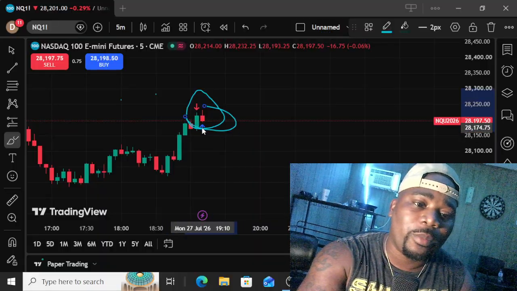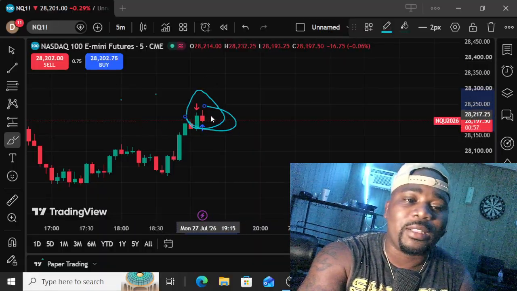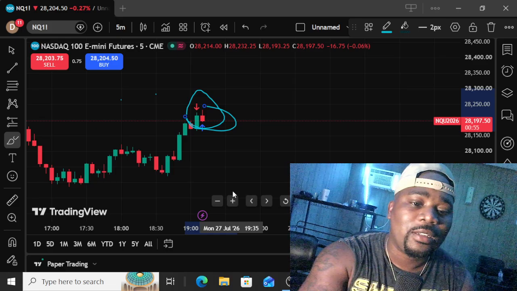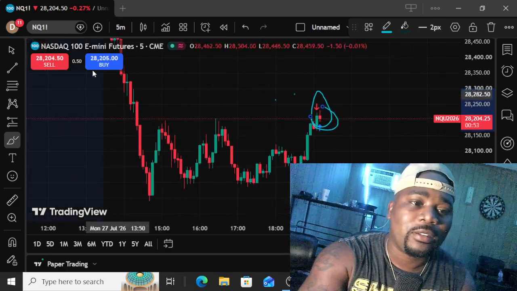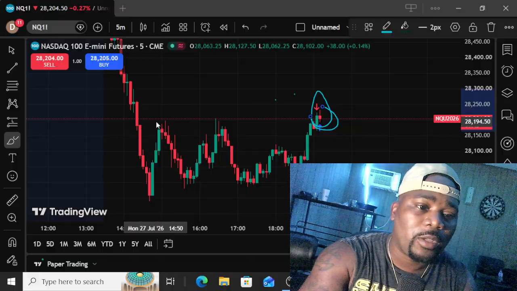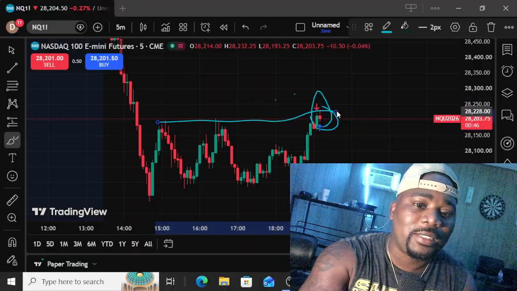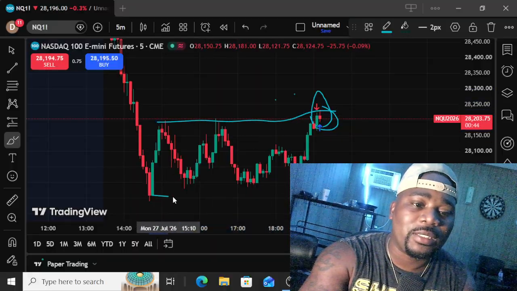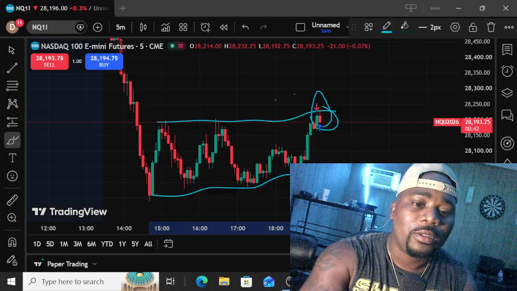I knew that because, like I said, once it hit the top, once it hit the ceiling, it's going to come back. It's at the ceiling. It's at the resistance level. Right here, this is the floor.